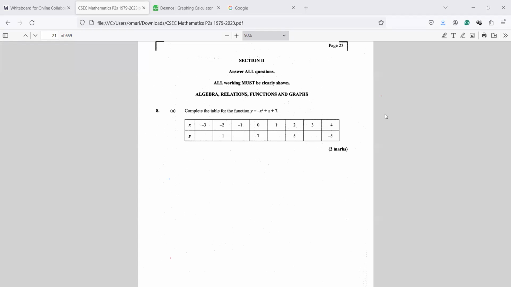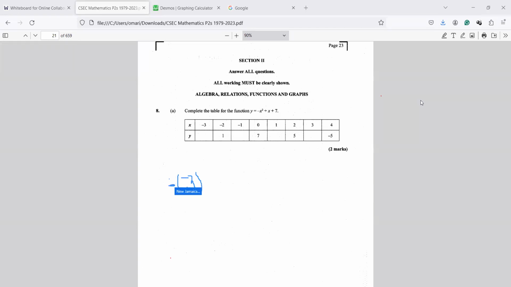So in this case, x is -3, so -3. And please note, guys, there's a negative sign in front of the x, so we can't leave that off.